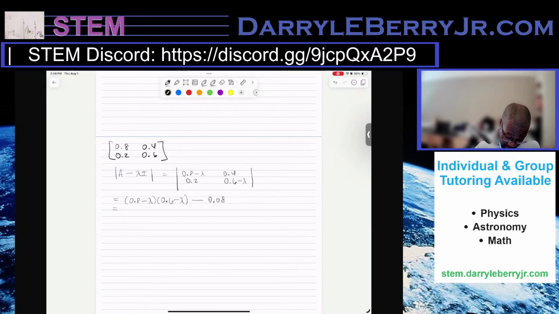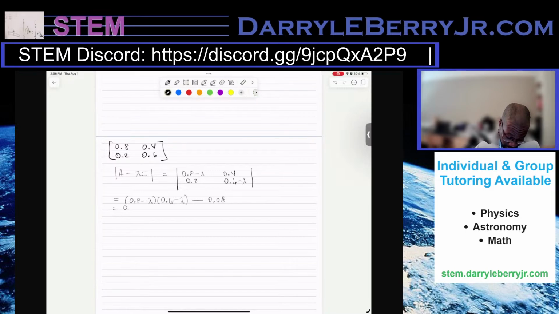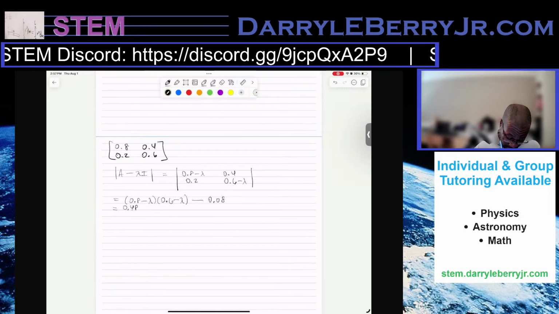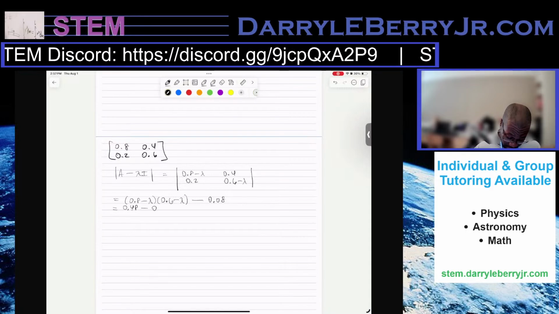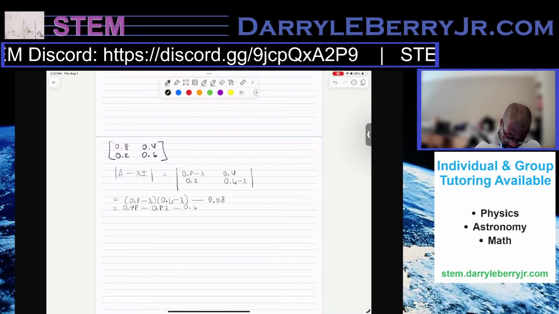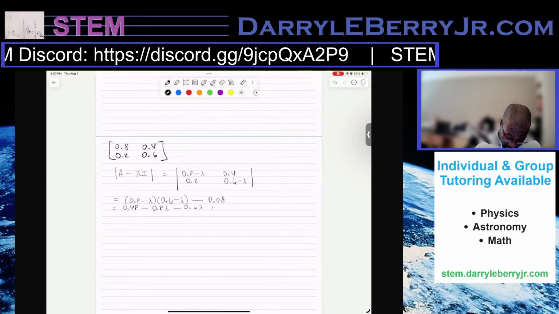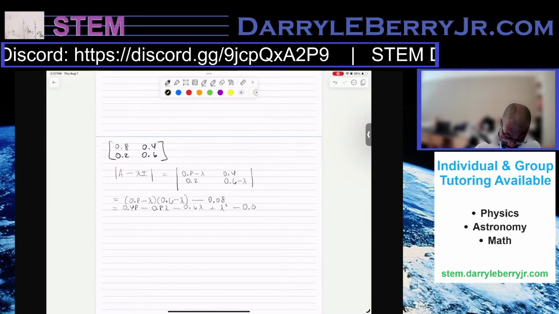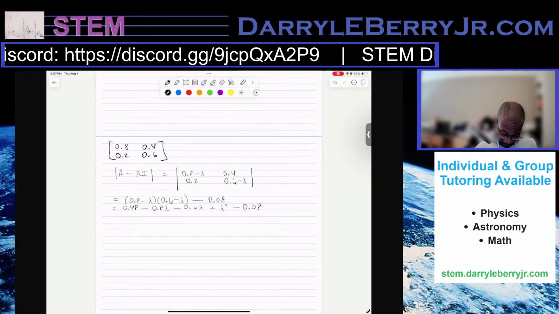So that equals 0.48 minus 0.8 lambda minus 0.6 lambda plus lambda squared minus 0.08. Let me know if I make a typo anywhere.